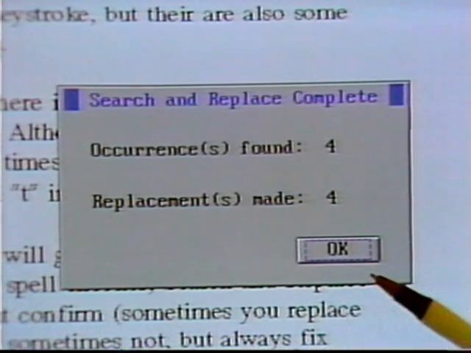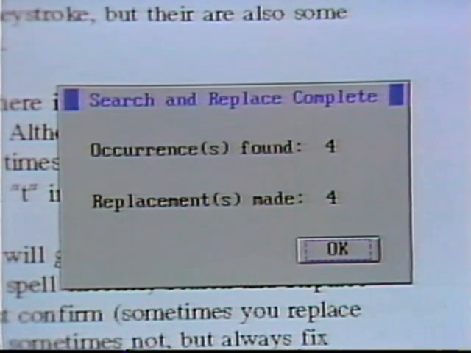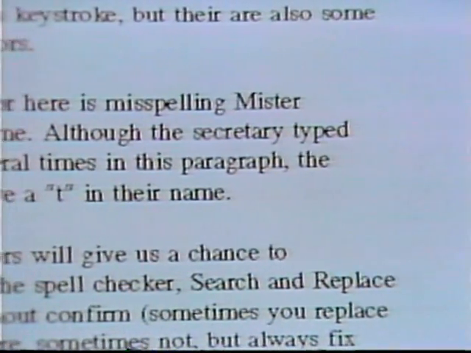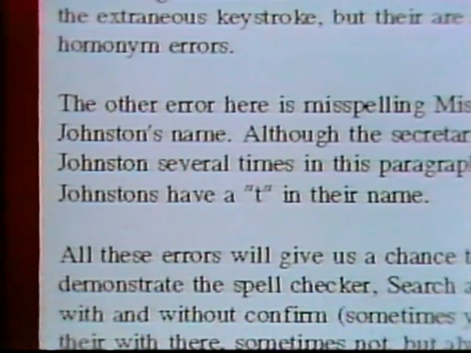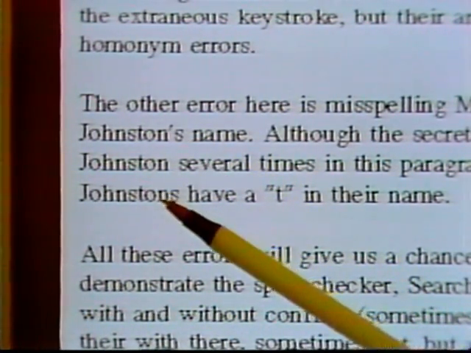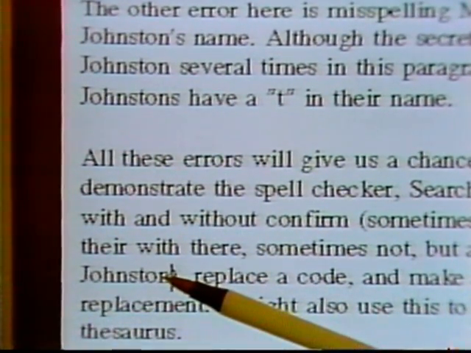Now we need to just press Enter on the keyboard, which is the same as clicking OK. Now when we look over to the left, we can see that Johnson has been changed to Johnston. We also had one more down here. That's why there were 4.